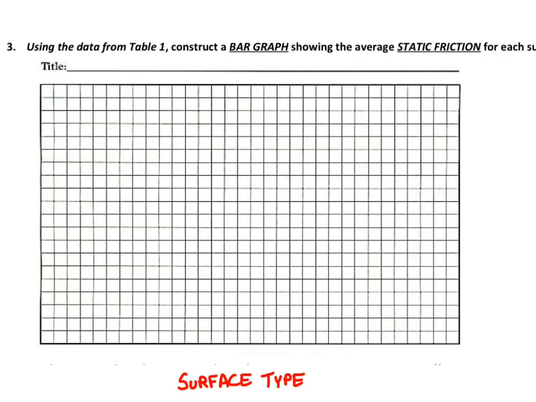Now we are doing a bar graph here, so we don't have to figure out the scale for the x-axis in the same way as we would for a line graph. When we figure out the scale for the y-axis, we will have to do that in a similar way. Remember, our surface types are wax paper, paper towel, fine sandpaper, coarse sandpaper, and bare tabletop.